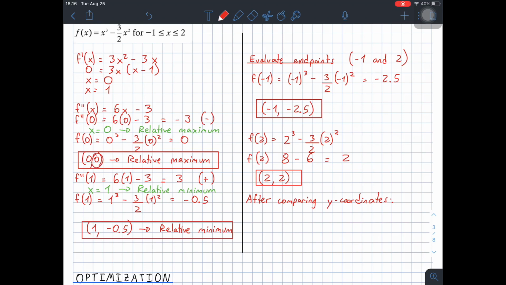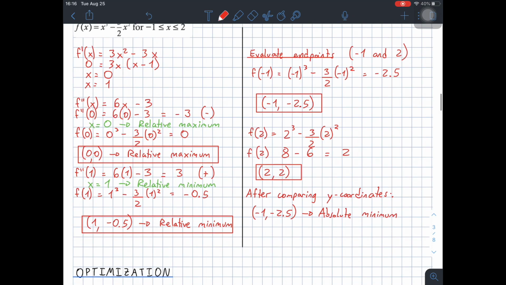We see that we have 0, negative 0.5, negative 2.5, and 2. So we see that the smallest value of y is negative 2.5. So the point (-1, -2.5) corresponds to an absolute minimum.